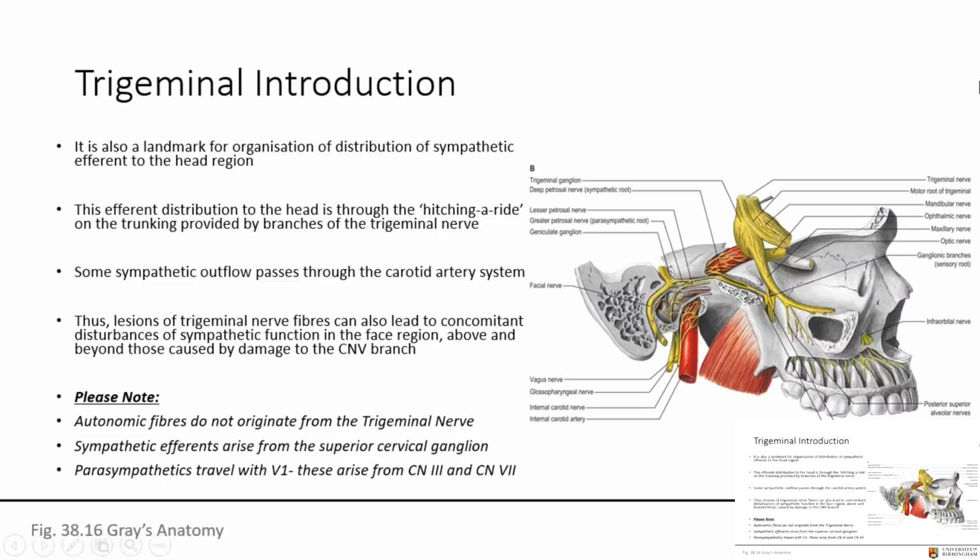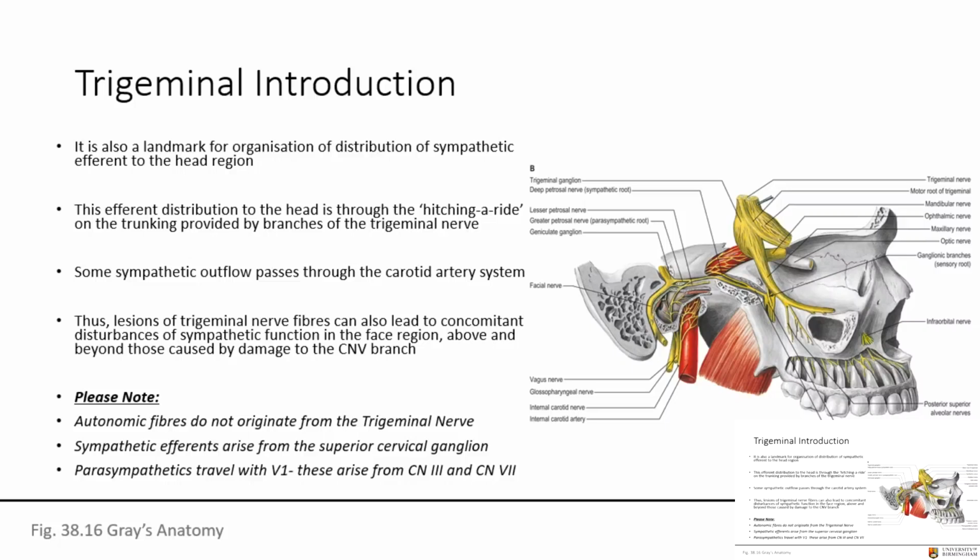The sympathetic efferents are coming from the sympathetic chain, and this autonomic nervous system uses only preganglionic and postganglionic neurons.